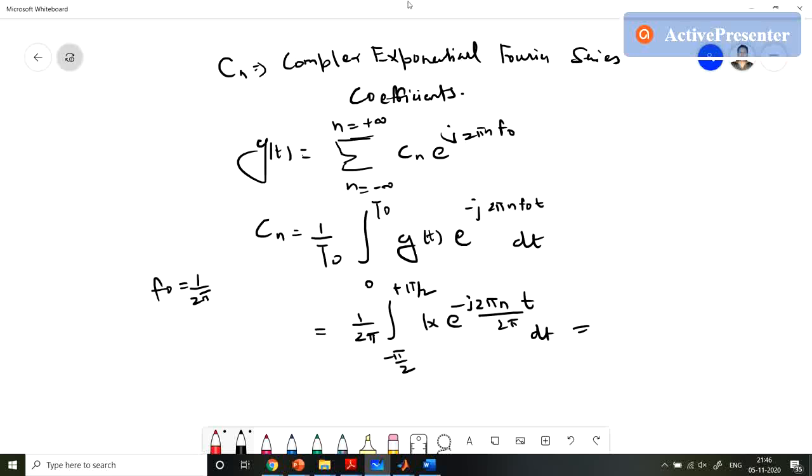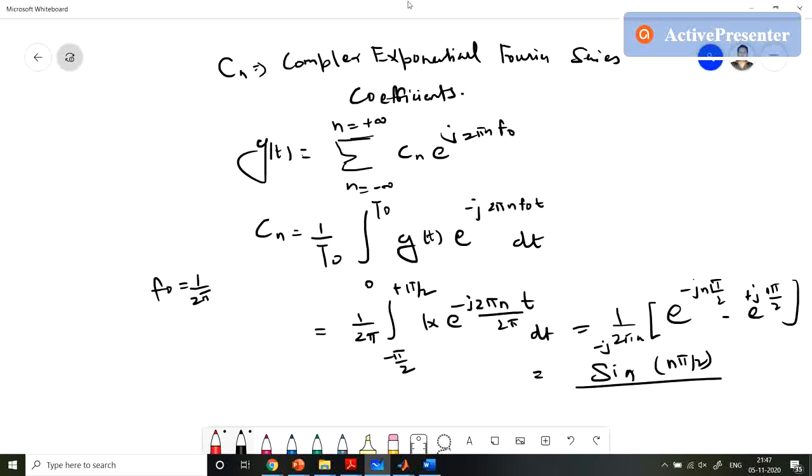The solution of this is 1 divided by 2 pi, and if we solve this, we will get minus j 2 pi n times e raised to the power minus j n pi divided by 2 minus e raised to the power j n pi divided by 2. Finally we are getting sine n pi divided by 2, divided by n pi divided by 2.